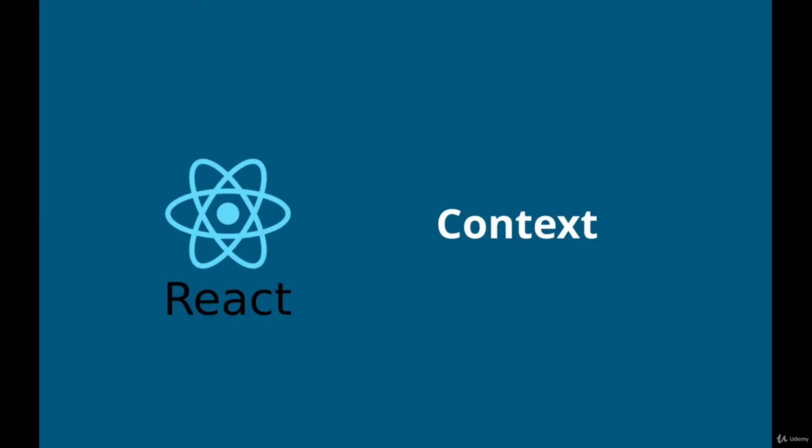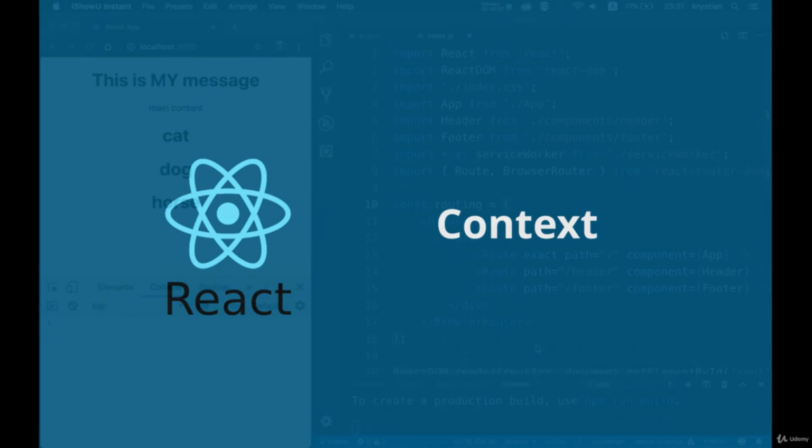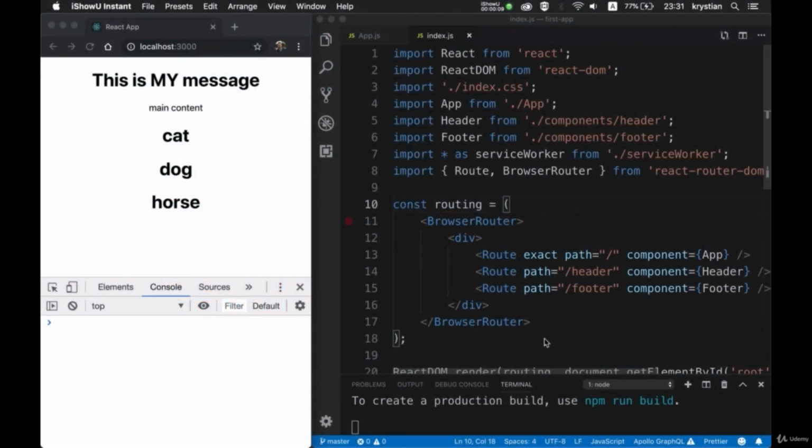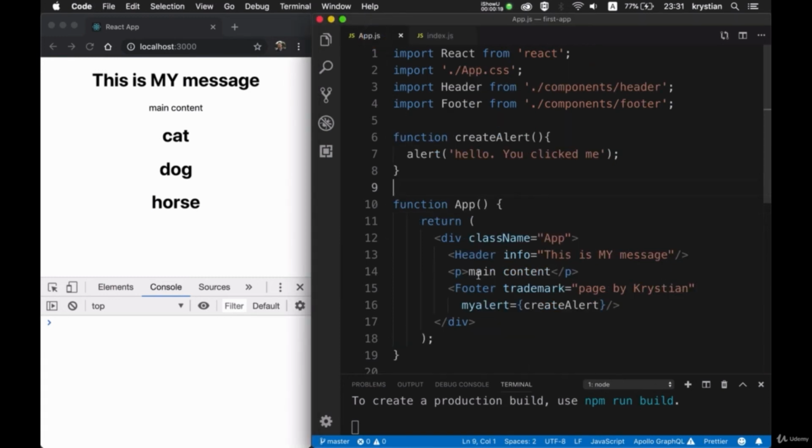Okay, in this video we will be talking about context. Before, I mentioned communication between the parent and child, and we've done that with props. So we can pass any information to the child with props here, and then we can receive it in the child. And then we can do it in the same way going up, like we've done it here.